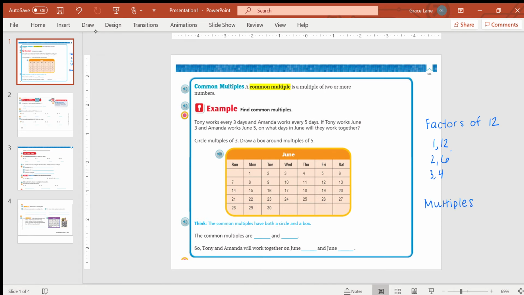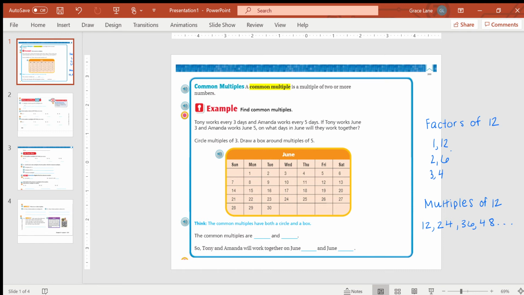The easiest way to think about multiples is that it's kind of like the number you get when you multiply. So for example, multiples of 12 would be 12, 24, 36, 48, dot, dot, dot, which means that it keeps going on and on and on.